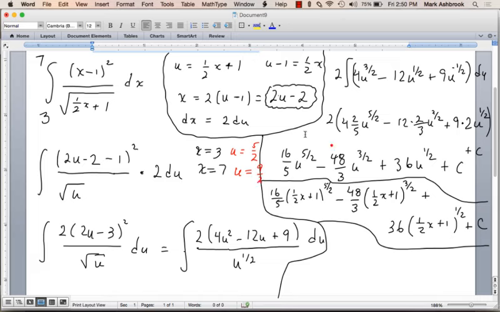So if we're doing a definite integral, we could stop with this u and evaluate it at the corresponding limits of u. We could get the change for this quantity function from 5/2 to 9/2, and that would be the same total amount of change as this one evaluated from 3 to 7. So when you have a definite integral, you don't have to change back to the original variable. You can instead change the limits of integration into the new variable and just evaluate that change in terms of the new variable, from 5/2 to 9/2.